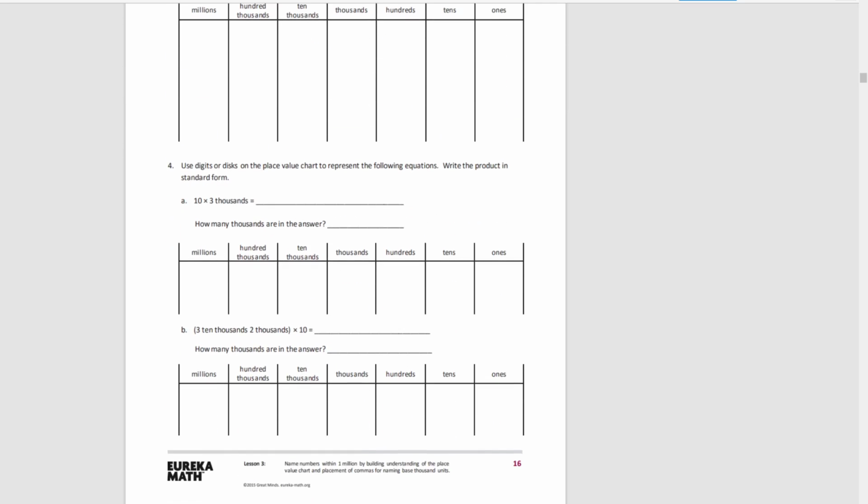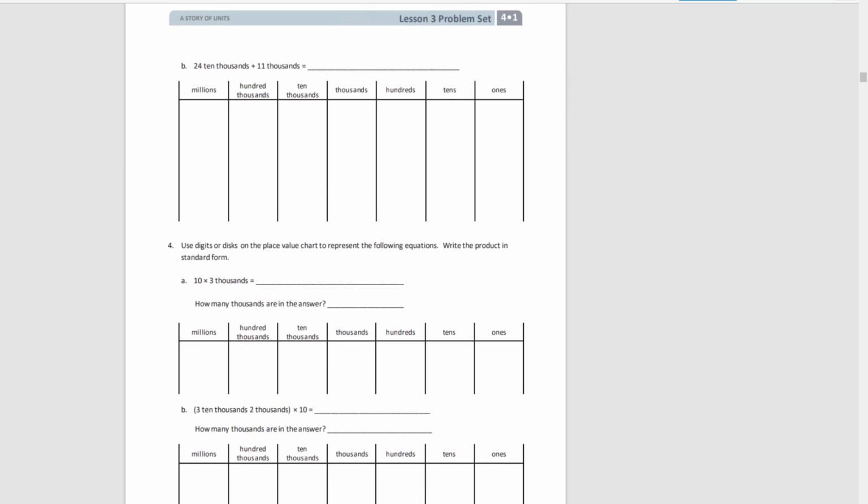Okay, moving on, pause the video and you try B. For B, we start out with 24 10,000s. So let's do 10 10,000s, and then another group of 10 10,000s to make 20,000, and then 4 more to make 24,000, and then 11,000, one group of 10 with the 1 to make 11. We can take these 10 and make 100,000.